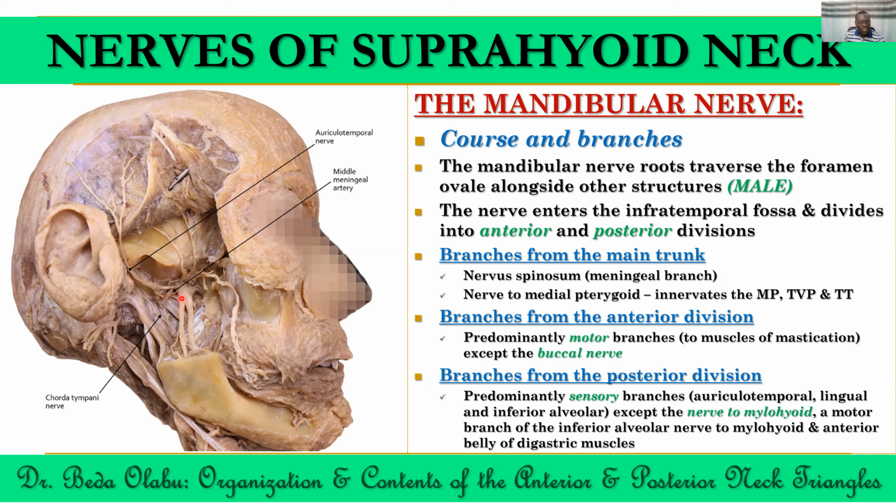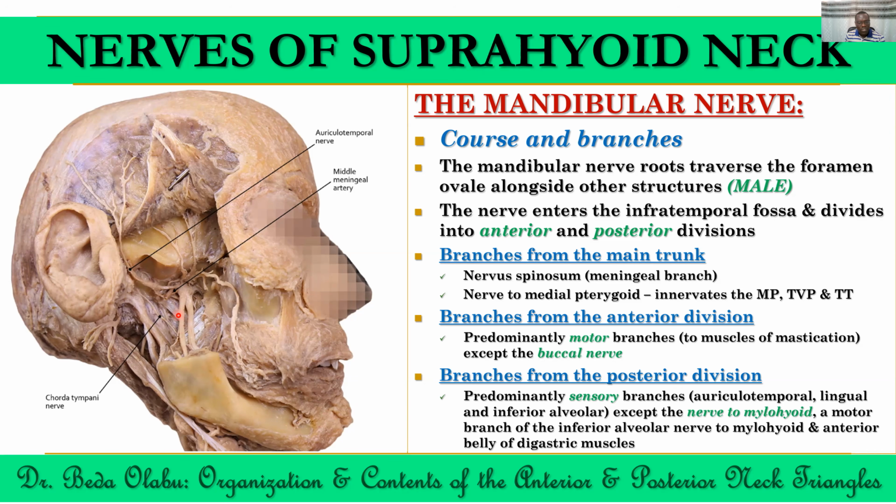Then we have the inferior alveolar nerve, which is this one. The inferior alveolar nerve enters through the mandibular foramen to get the inferior alveolar artery, and it will also supply the teeth, the inferior alveolar, remember, the mandibular teeth. It will terminate as the mental nerve through the mental foramen together with the mental artery, much anterior.